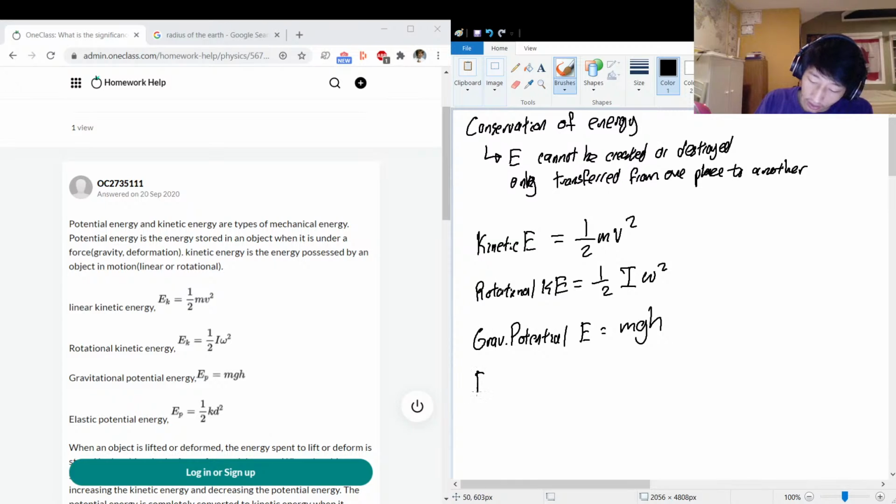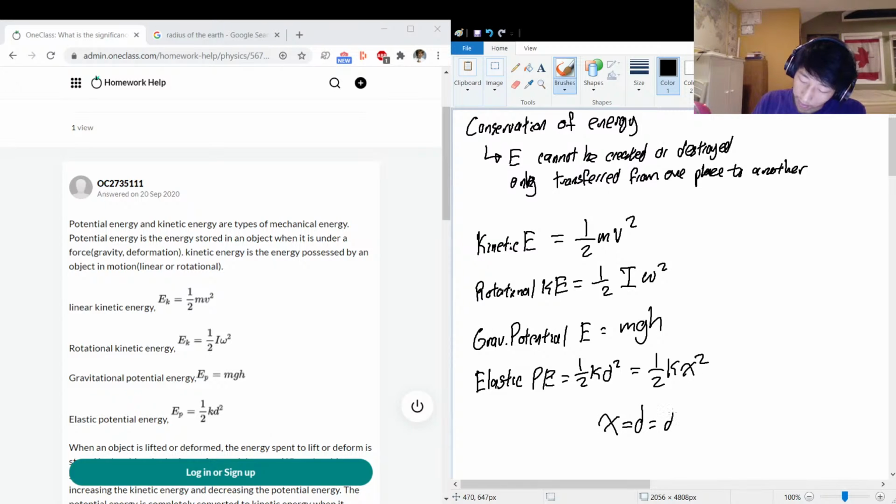And elastic potential energy, elastic PE, is equal to 1/2 the K, which is a constant, times the compression, which is D. Also, sometimes you might see it as 1/2 kx squared. X is equal to D, which is equal to displacement of spring from rest position.